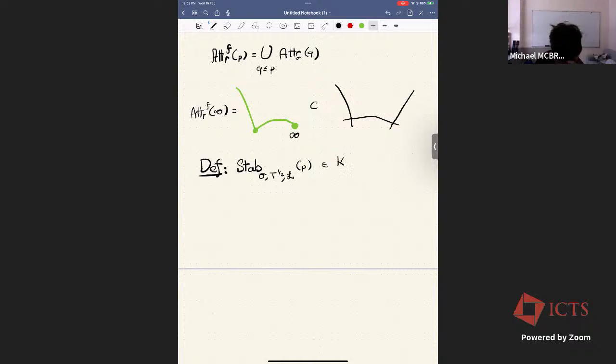So that's an element of the equivariant K-theory of X. And it's defined by some conditions.